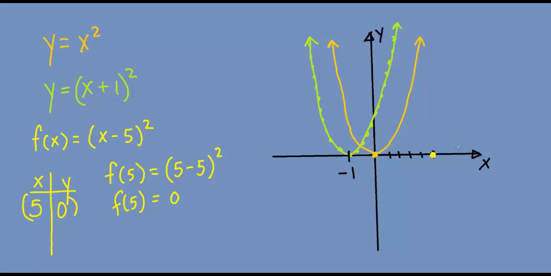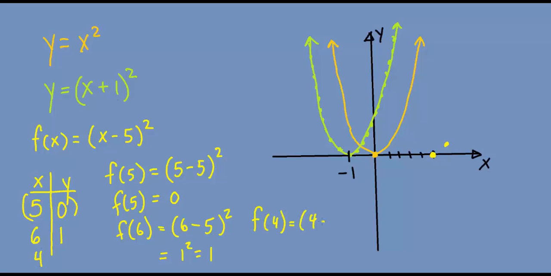Let's do 2 more. Let's put in a 6. Looks like we output a 1. So 6, 1 is right there. And if we did a 4, we'd get a 1. So 4, 1 is right there. And if we kept going, you guessed it, we'd get this.